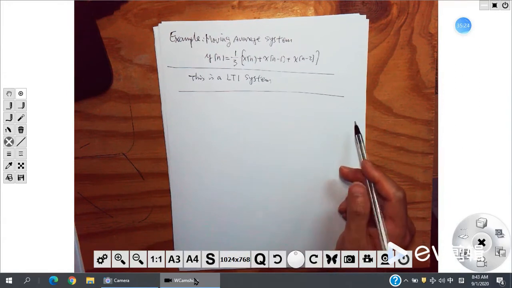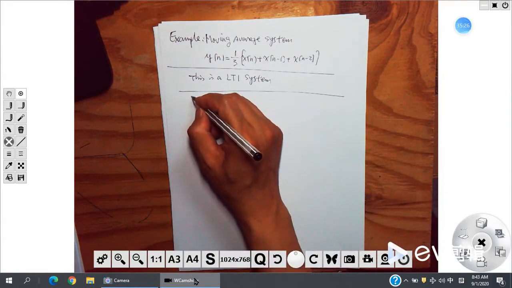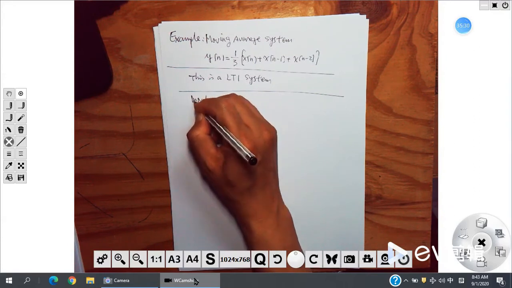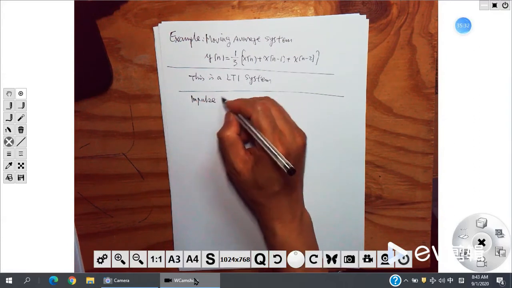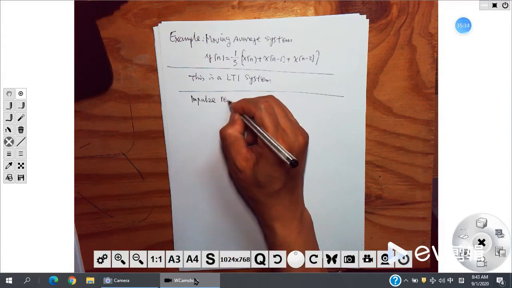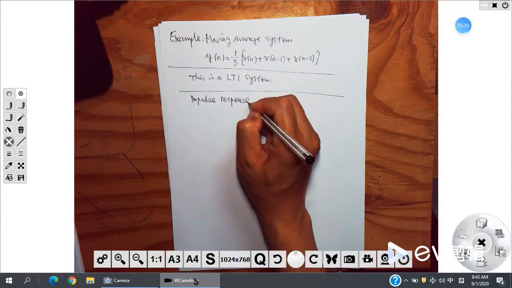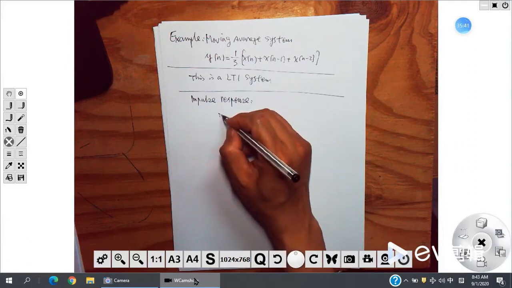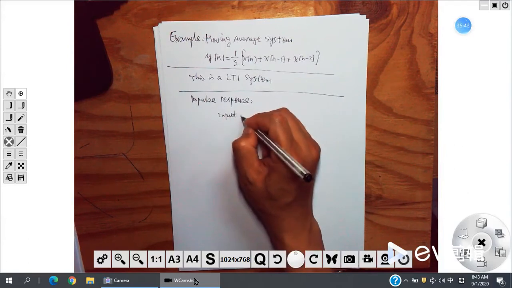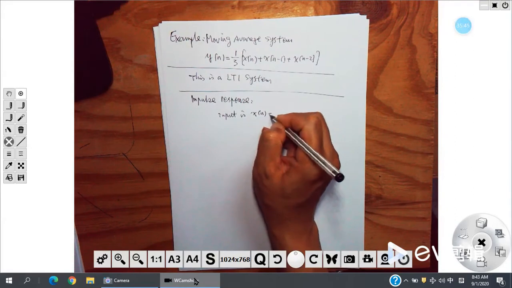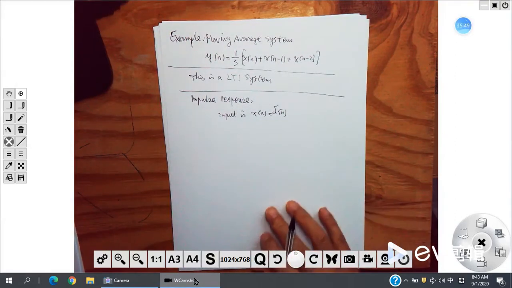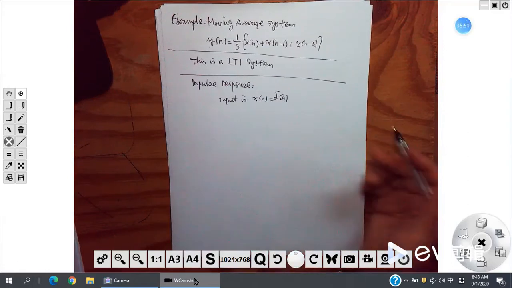Then, what is the impulse response? In this case the input is x equal to delta. Then what is the output? You can calculate it just one by one.